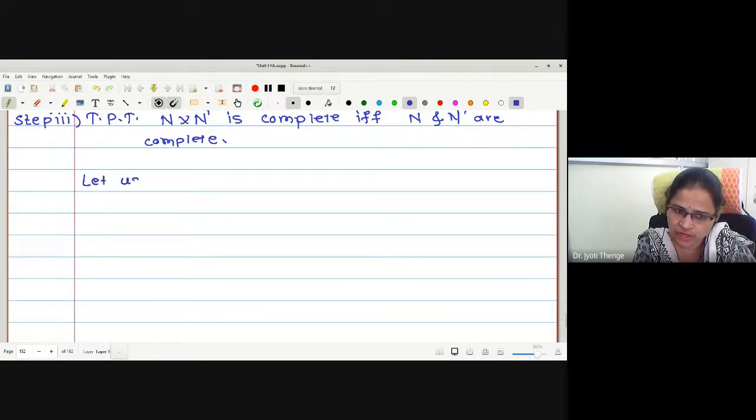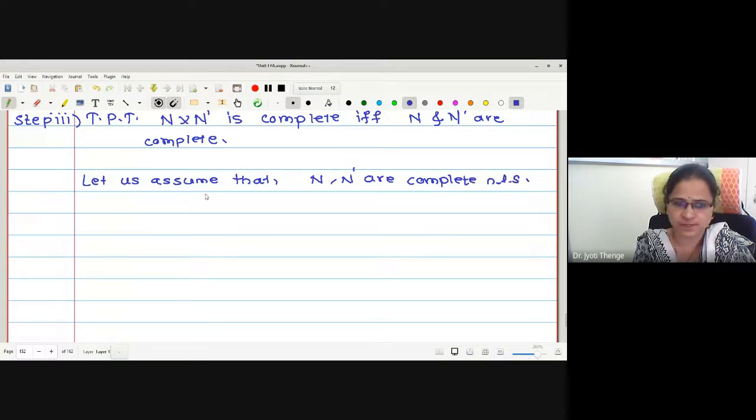Let us assume that N, N dash are complete normed linear spaces, means Banach spaces. And what will be my aim to show? N cross N dash is complete.